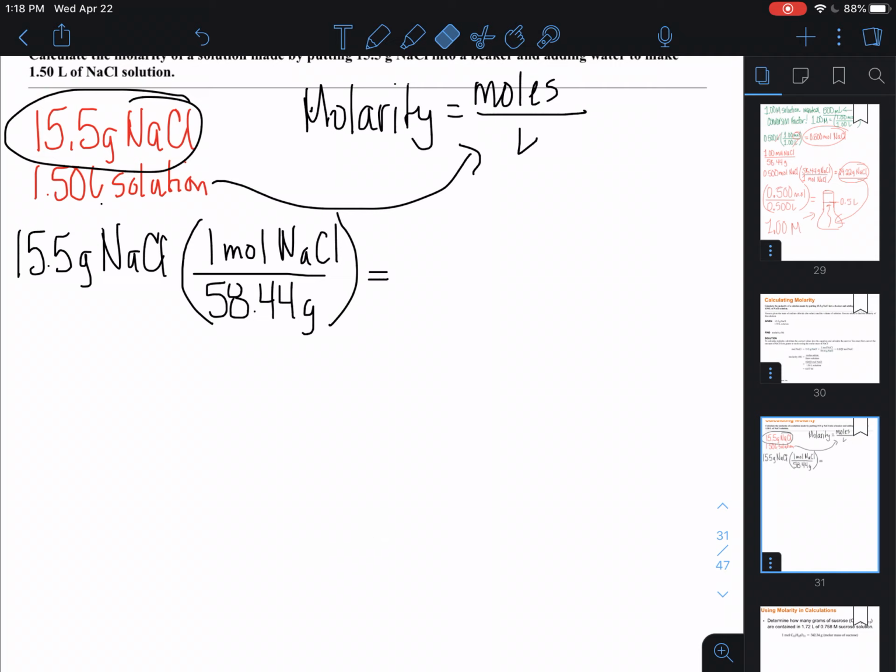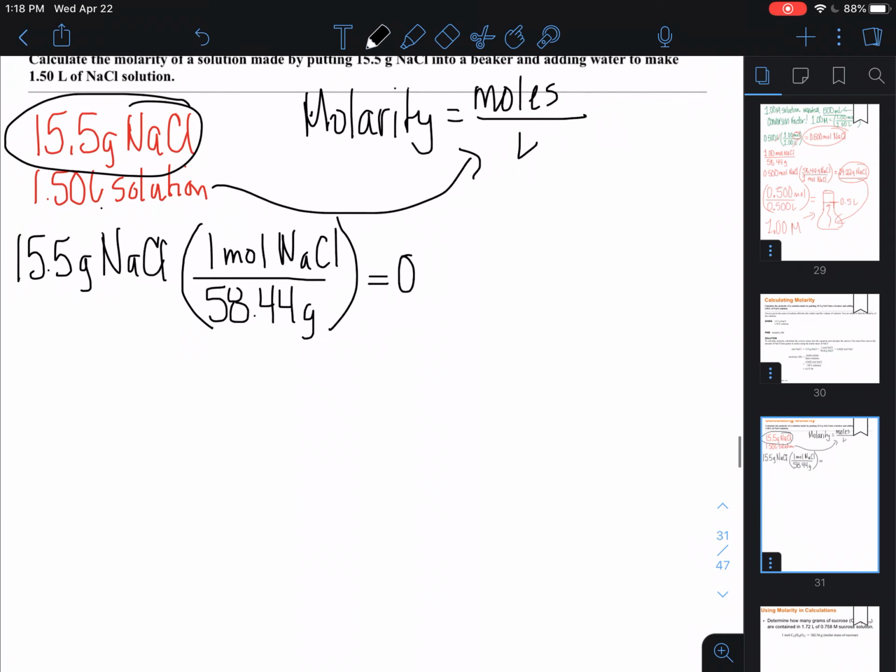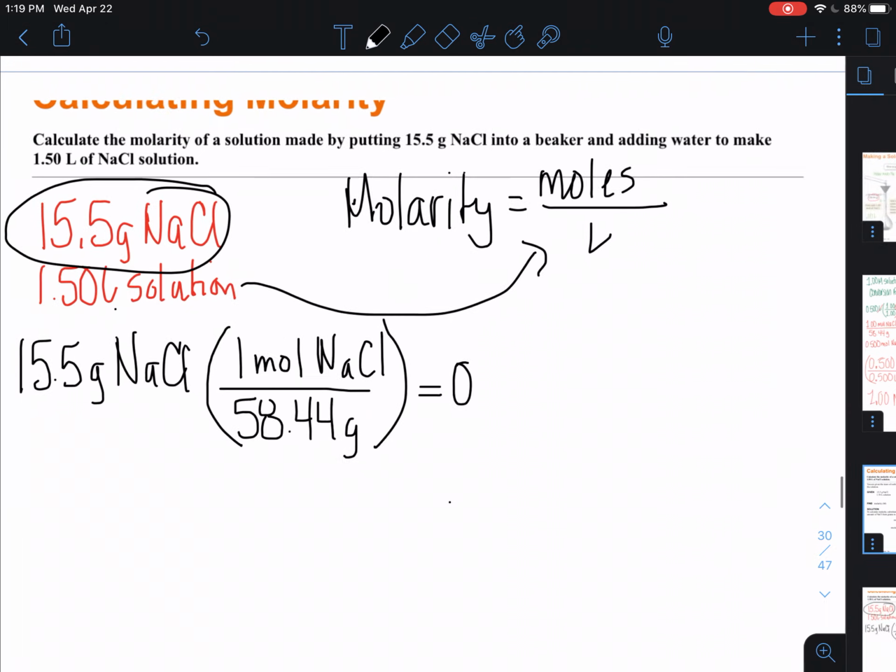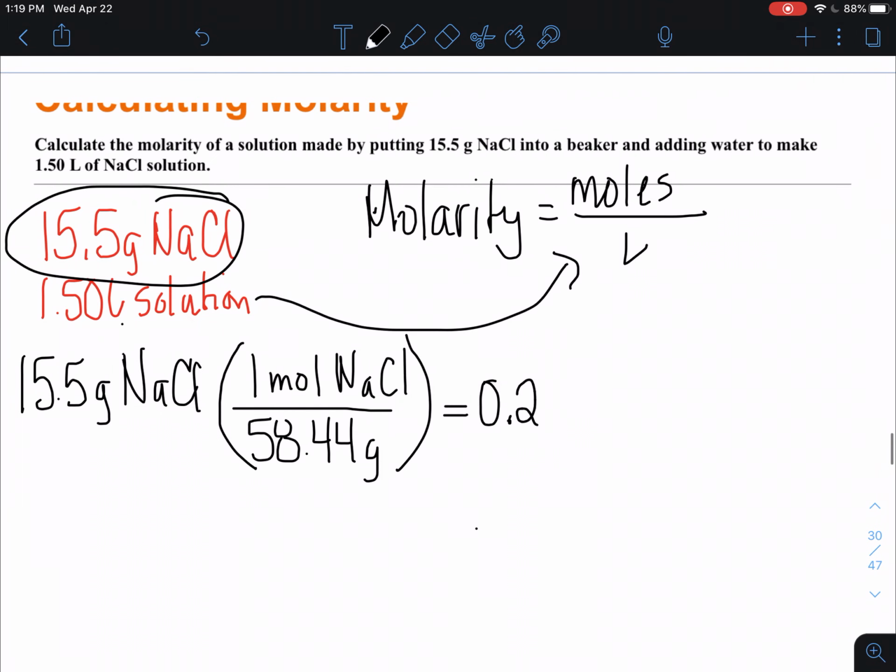So we have 15.5 multiplied by 1 over 58.44, and that's going to give us 0.265. Okay, so that's how many moles we have of sodium chloride.